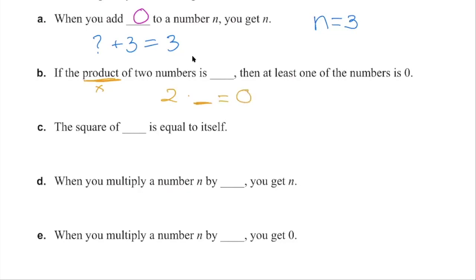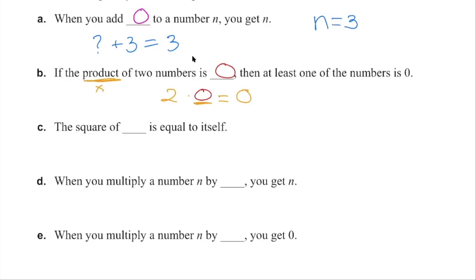Well, anything times 1, 0, or both of those numbers or neither will give you 0. If you said 0, you are correct because 2 times 0 gives you 0.